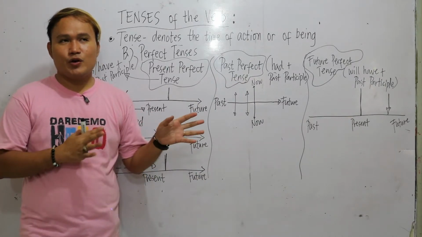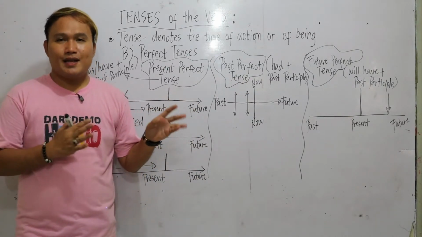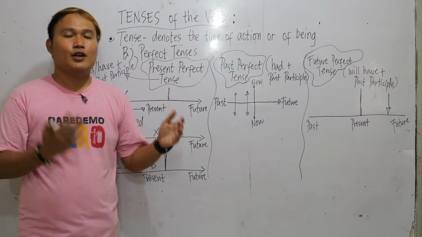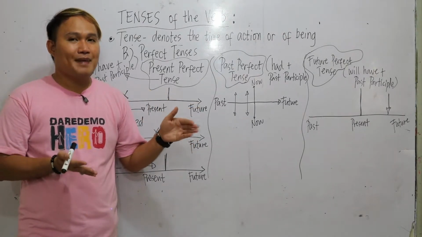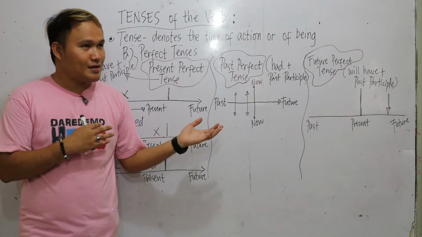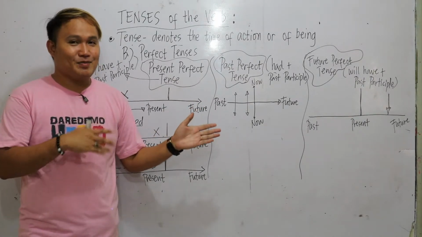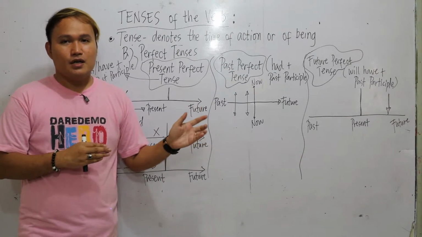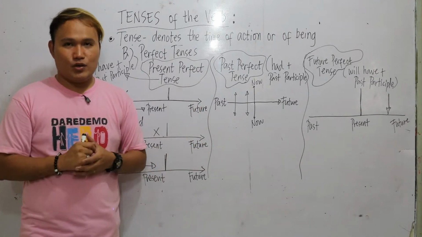Because you are going to use signal words so that it will give an idea to the listener that you are referring to a past action that's been continuing now, or that has not yet finished. That's why you use those signal words.